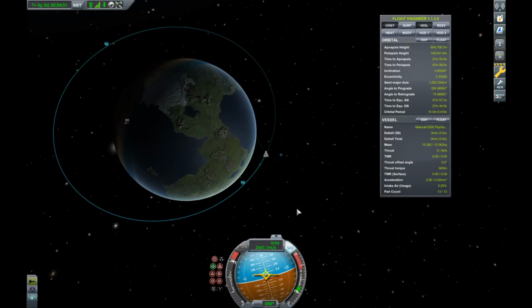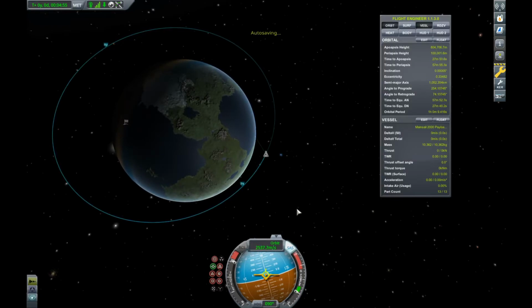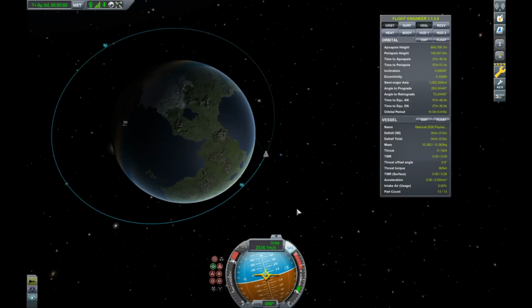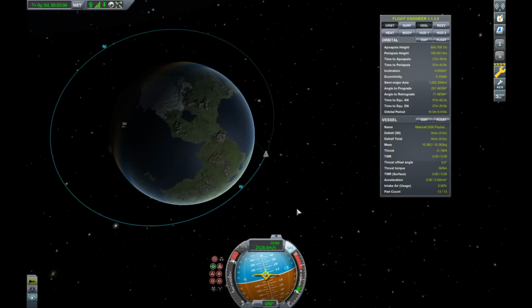No matter what our ship has on board, how it's designed, it takes the same amount of delta V.